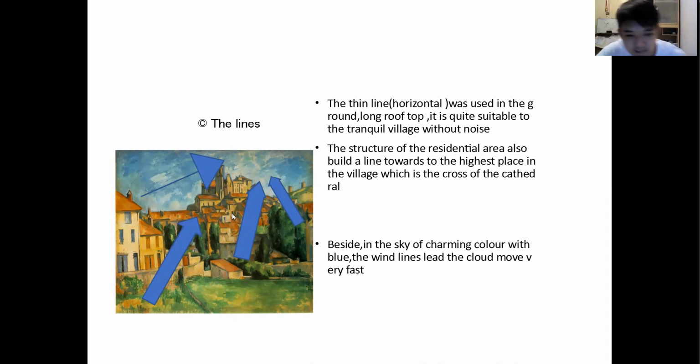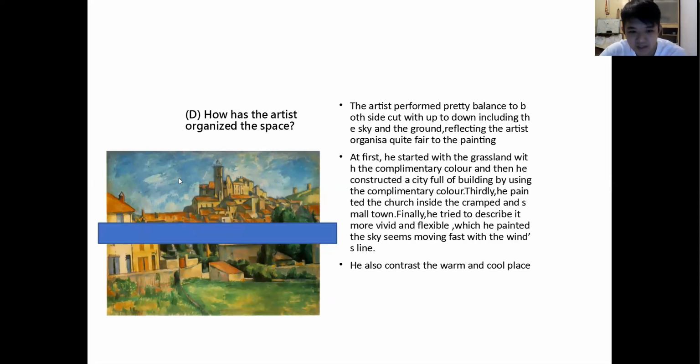And besides, we can see a line formed by the blue sky. The sky moves very quickly because of the wind, and the wind formed a very quick line towards another place, and the clouds moved very fast.